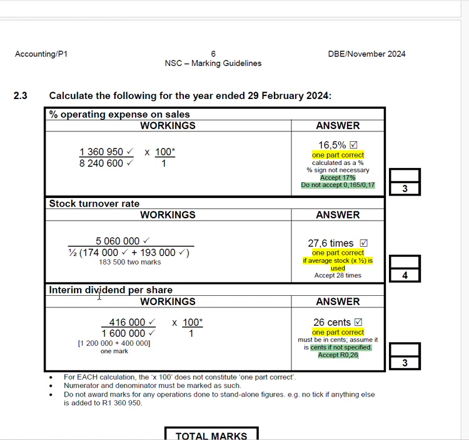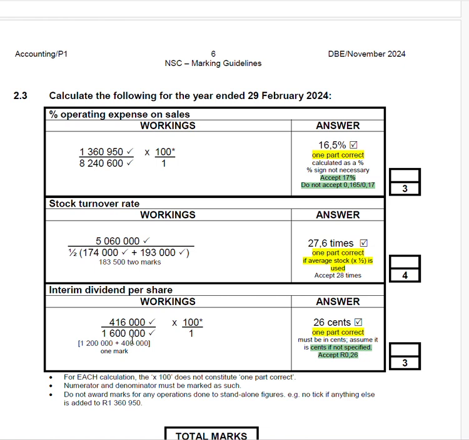Then the last one is interim dividends per share. As I have already discussed, it is the interim dividends which we have been provided, 416,000, divided by 1.6 million, which is the number of ordinary shares outstanding. How did you ascertain the number of shares outstanding? You said the number of shares when the year started was 1.2 million.